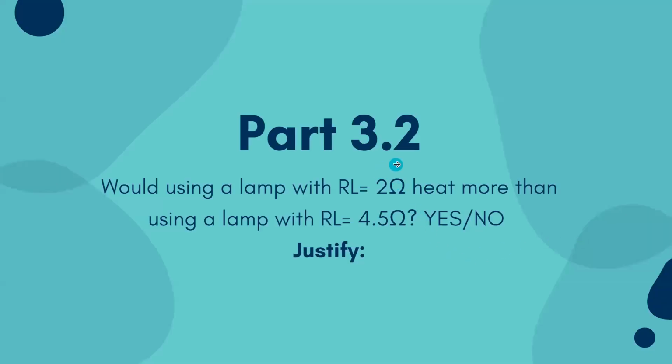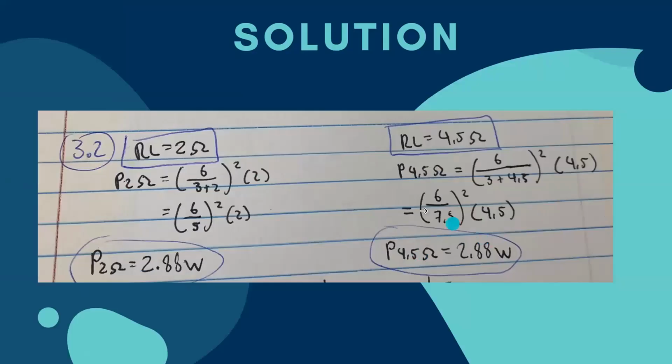For part 3.2, we ask: will using the lamp with RL equal to 2 ohms heat more than using a lamp with RL equal to 4.5 ohms? Yes or no? Well, we will see. To solve this, we use the power formula with the two resistors, which are 2 and 4.5 ohms.